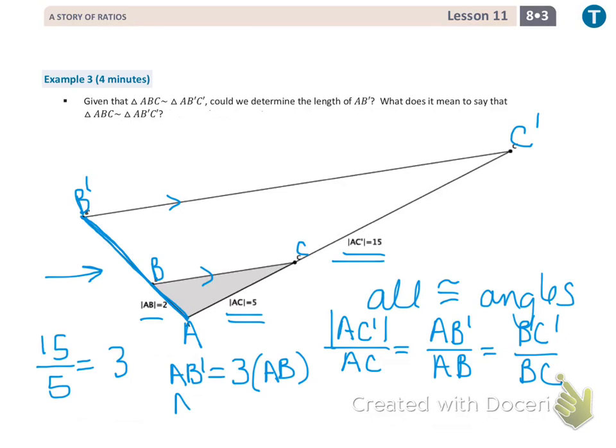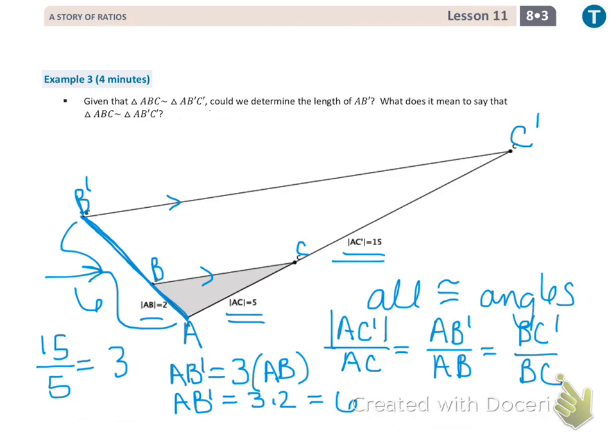So AB prime is equal to 3 times 2, which is equal to 6. So this whole length here is 6, because the scale factor is 3, and I know what I know about similar triangles.